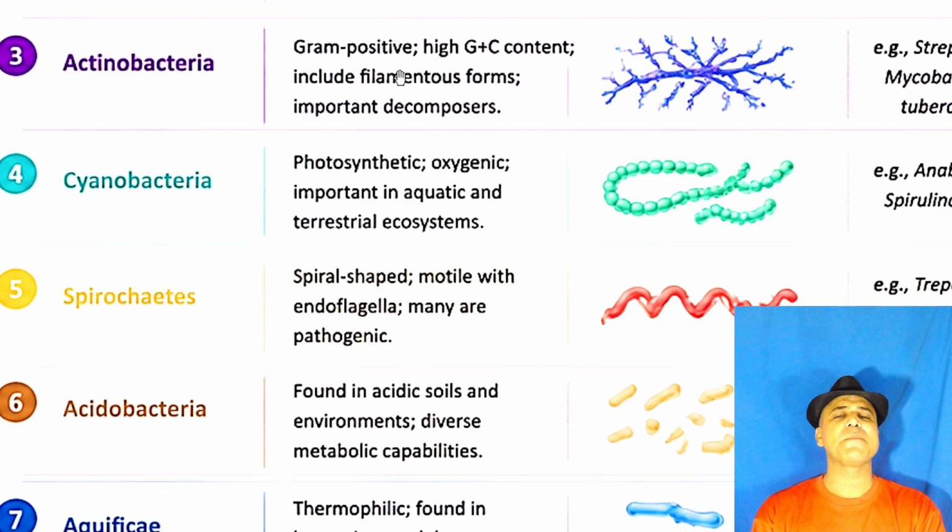Actinobacteria, gram-positive, high G plus C content, include filamentous forms, important decomposers. Cyanobacteria, photosynthetic, oxygenic, important in aquatic and terrestrial ecosystems.